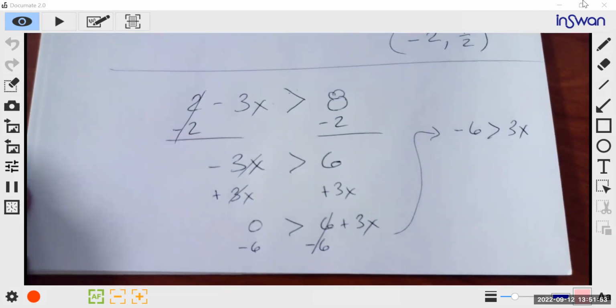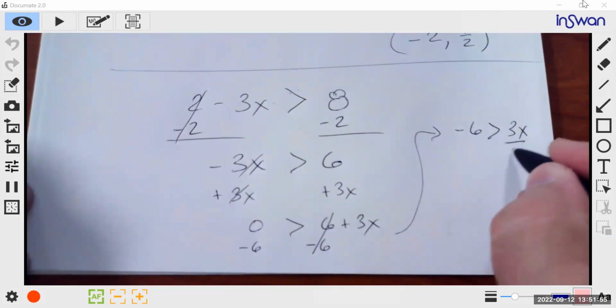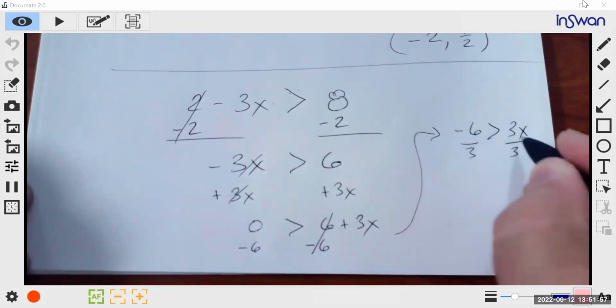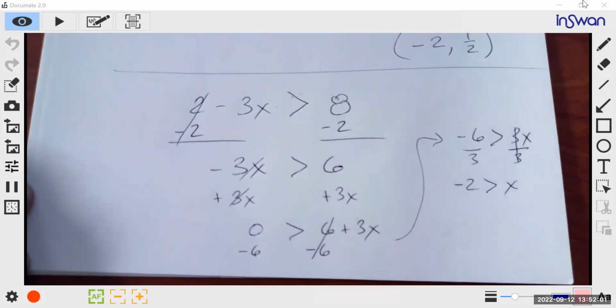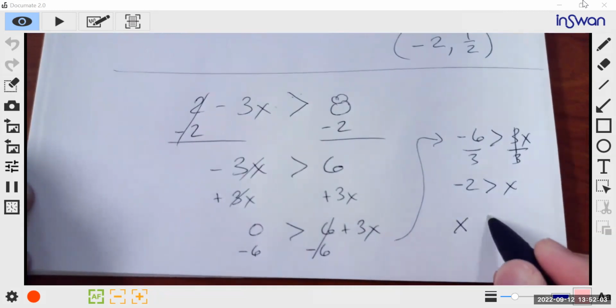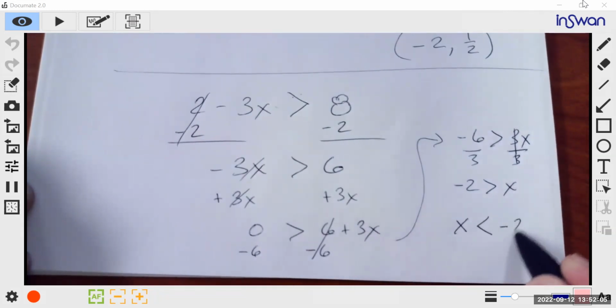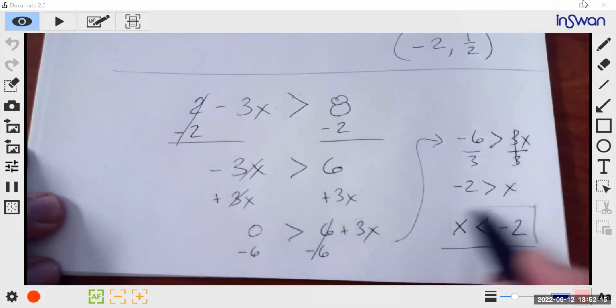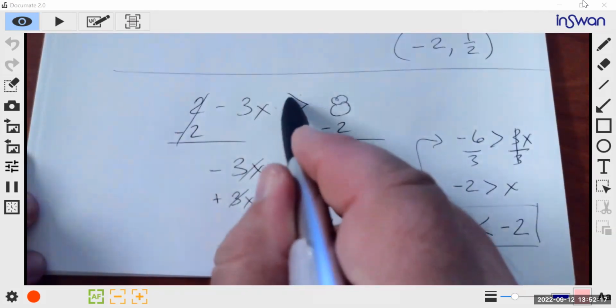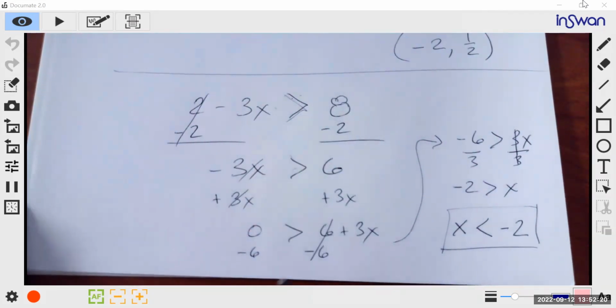Then what? Divide by 3. So -2 is greater than x, which means x is less than -2. I'm showing you why this happens. Because the answer is x is less than -2, but up until the beginning, the inequality was a greater than sign.